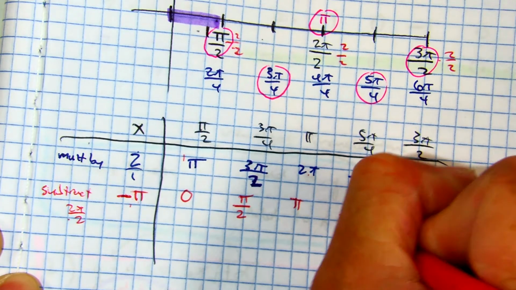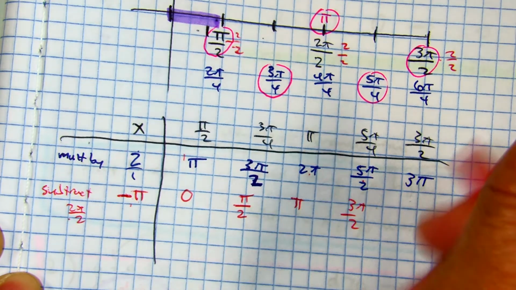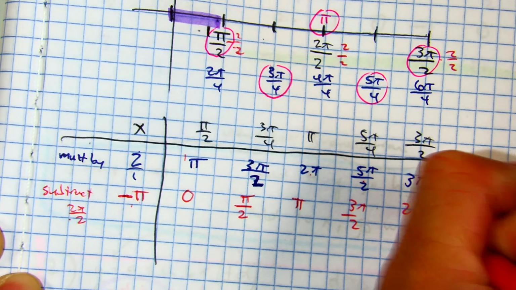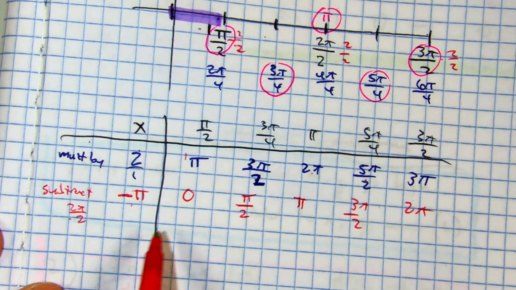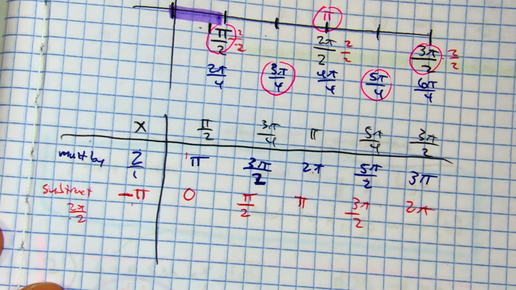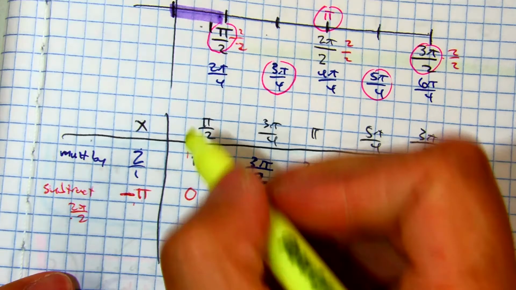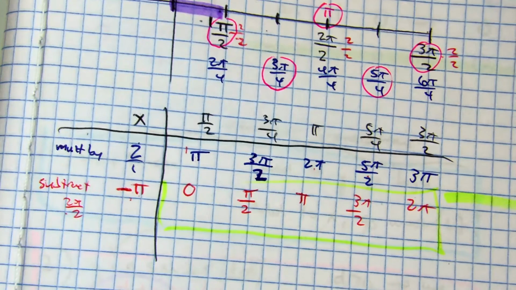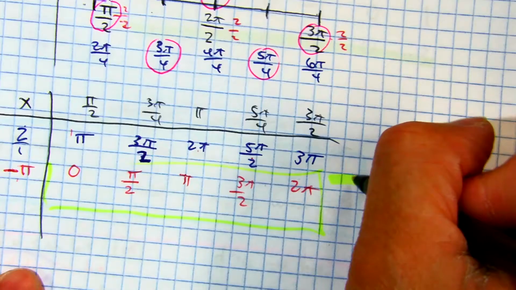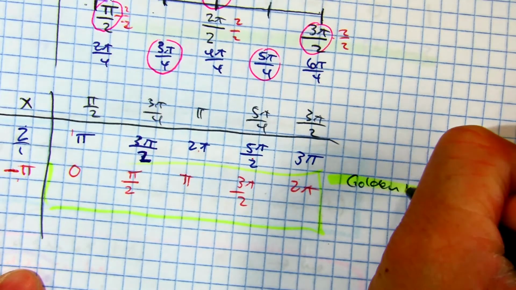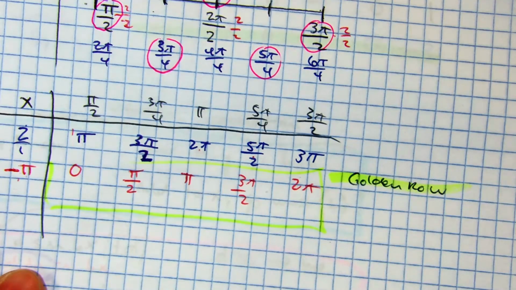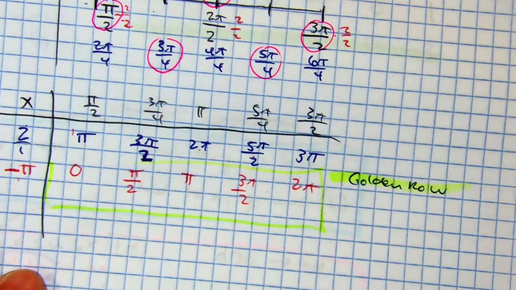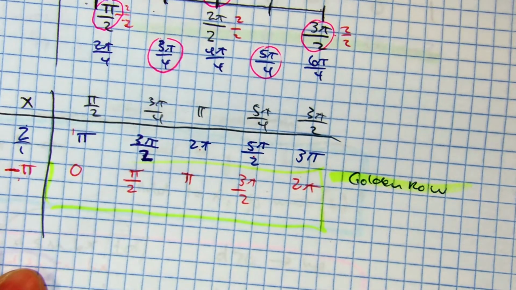And 3 pi minus pi? 2 pi. This one I call the golden row. Why do I call it the golden row? What is that? The quadrantals. You always want to get this golden row. Does that make sense? Because otherwise you don't know how to evaluate, and they become very difficult, values that weren't even on the unit circle.